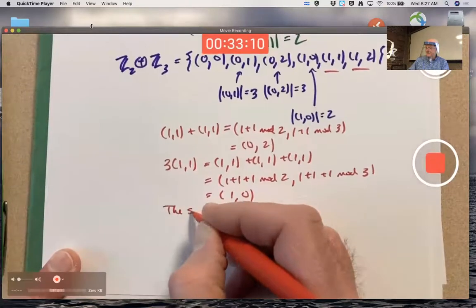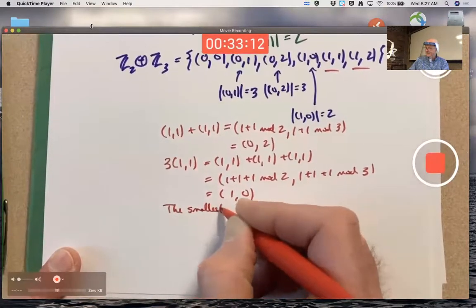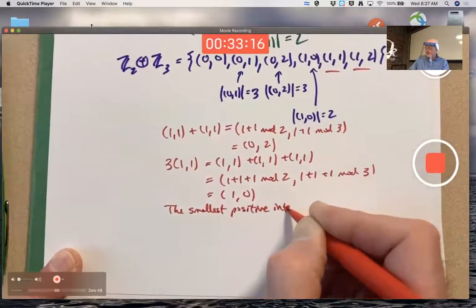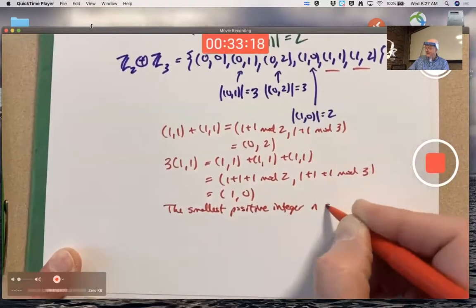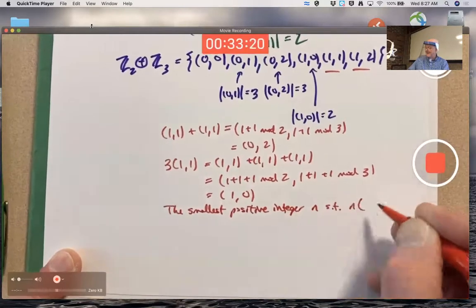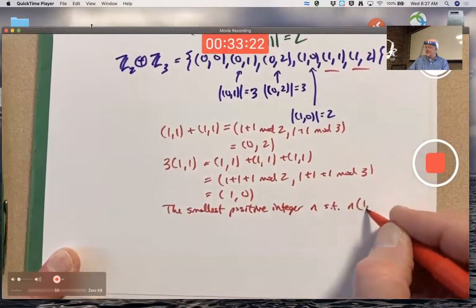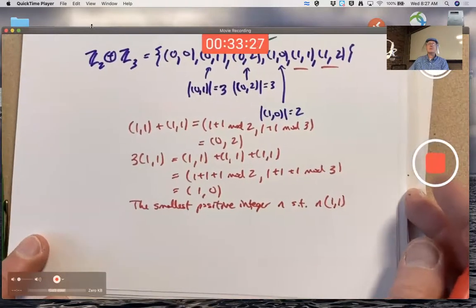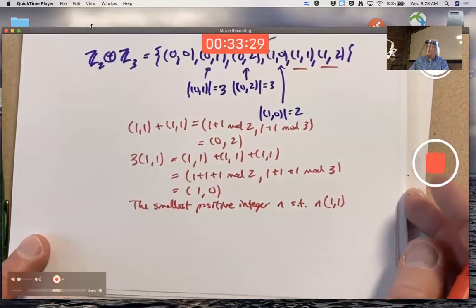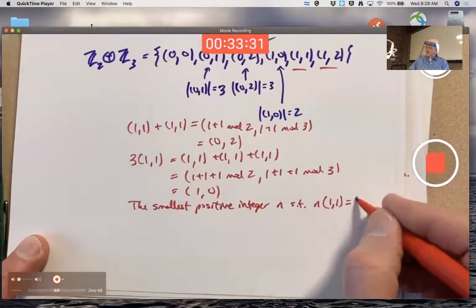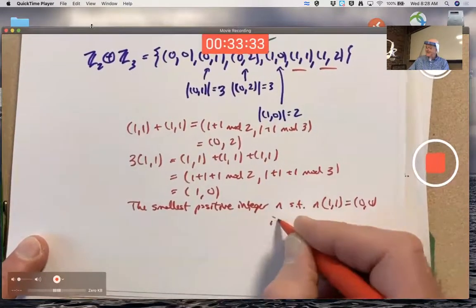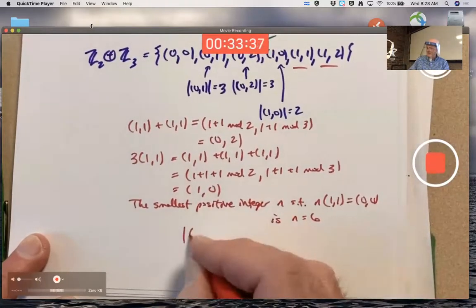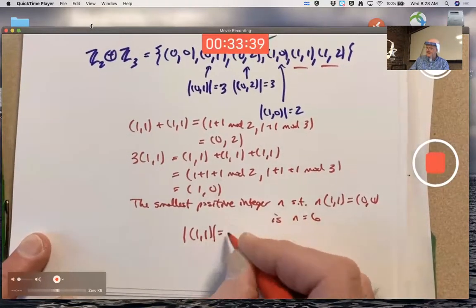The smallest positive integer n such that n times 1, 1, which is analogous in multiplicative notation to raising to the nth power, equals 0, 0 is n equals 6. The order of 1, 1 is 6.